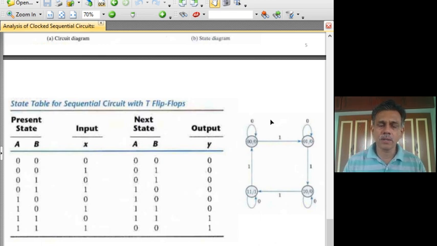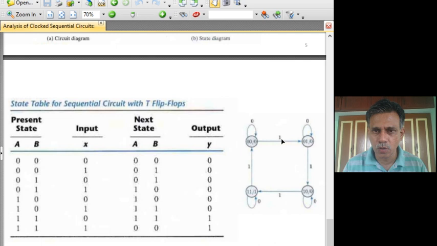So how do we represent the state transitions? For a present state of 0, 0, when the input is 0, you remain in 0, 0. That is given by this arc. From 0, 0, when the input is 1, you go to 0, 1. That is this arc.